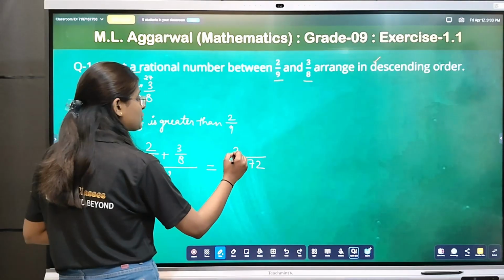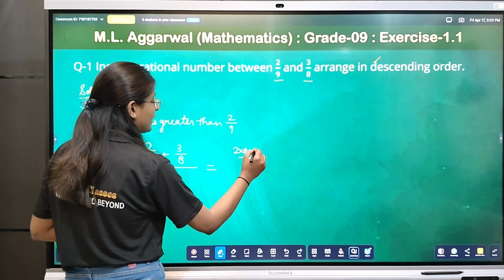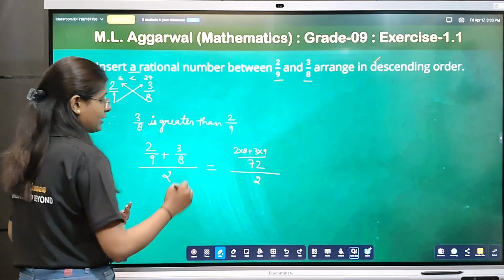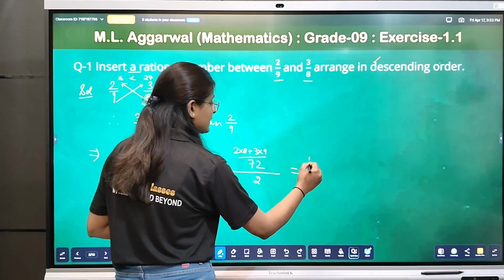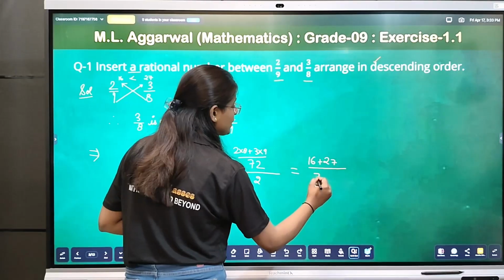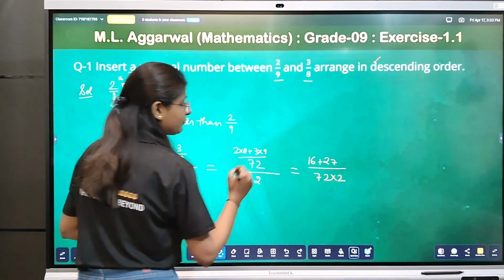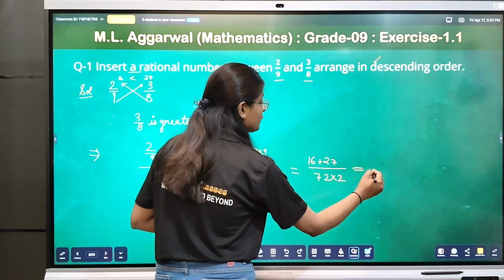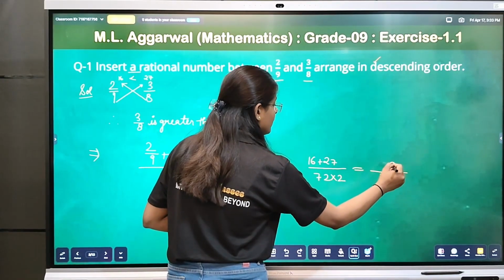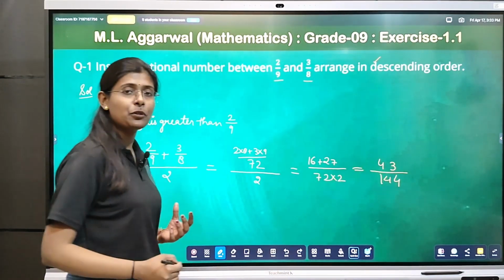Then multiply 2 by 8 and 3 by 9. Then divide it by 2. Later you will be getting 16 plus 27 divided by 72 multiplied by 2. Once you solve it further, you will get 144 in the denominator and 43 in your numerator.